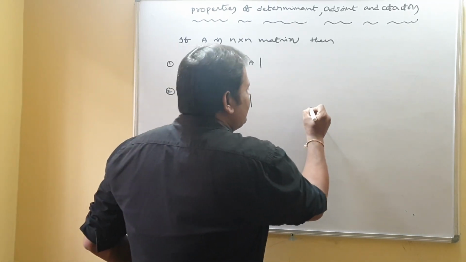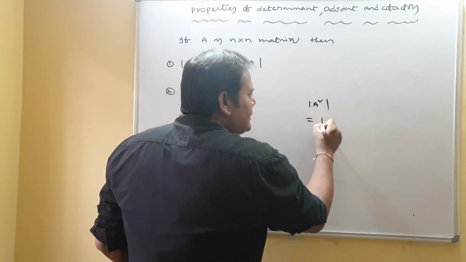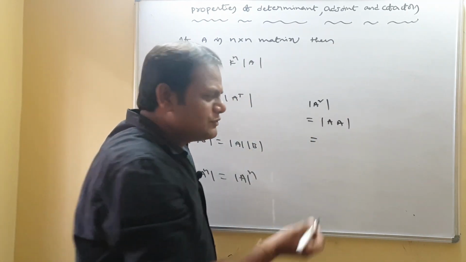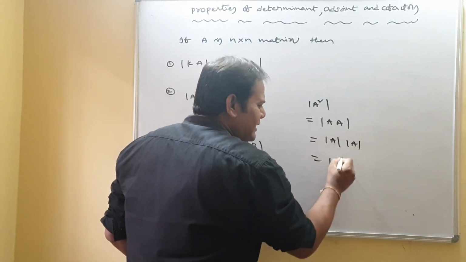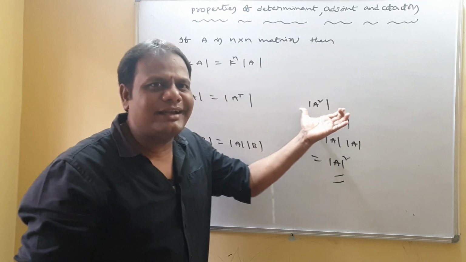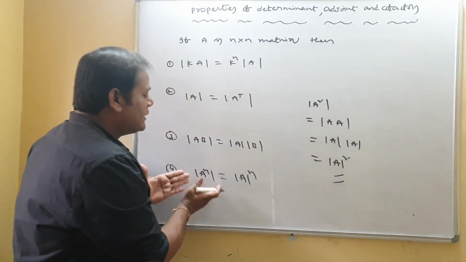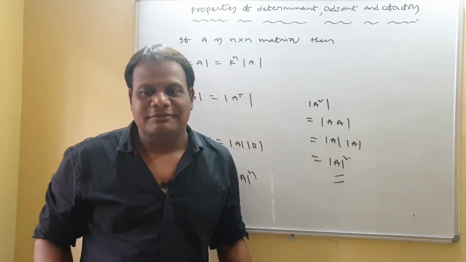I mean, suppose they ask what is det A square. Can I write it as A times A? Is it like det AB, so can I take det A into det A? Yes. You can write det A square as det A whole square. Similarly, det A power n is det A whole power n.